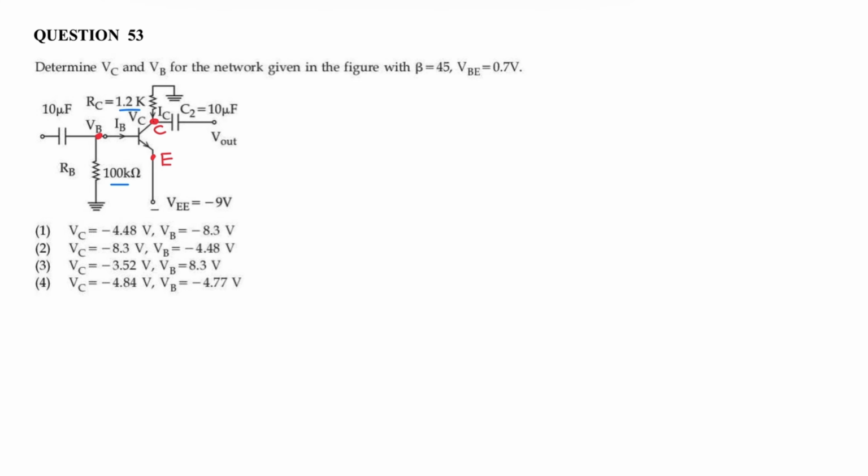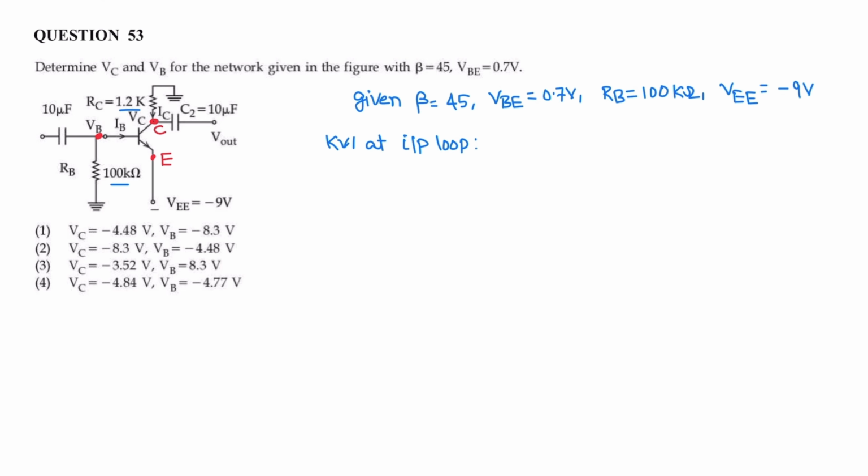Given current gain of the transistor beta is 45, base emitter voltage VBE is 0.7 volts, base resistance RB is 100 kilo ohm, and VEE voltage applied to the emitter terminal is minus 9 volts. KVL at the input loop, that is VBE is equal to base voltage minus emitter voltage.